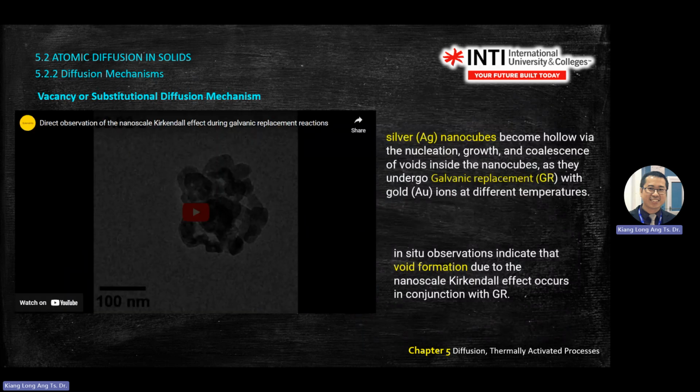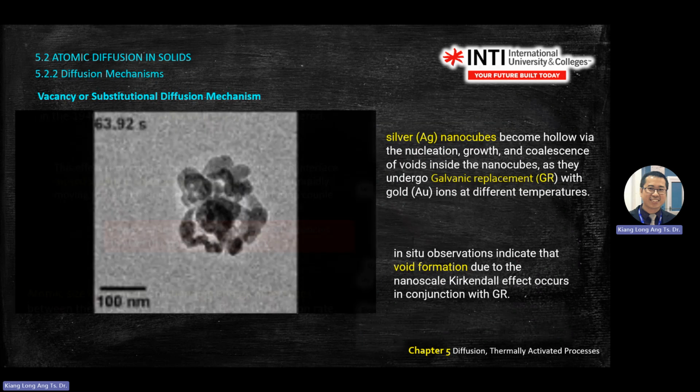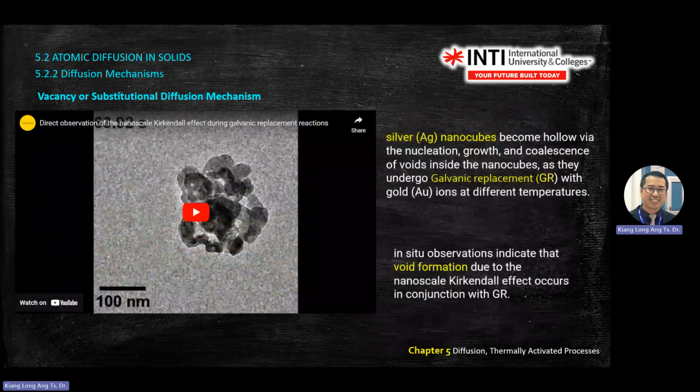Okay, so there's a video here. You see later, this one is the Kirkendall effect during a galvanic replacement. What you see here is silver nanotubes become hollow via nucleation and growth as they undergo this.